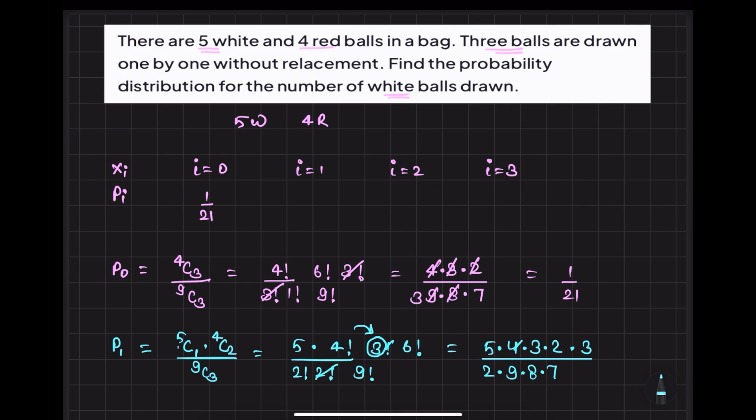Now 4 twos are 8, gone, 3 threes are 9, gone. So we are left with 5 by 14. Okay, so it is 5 by 14.